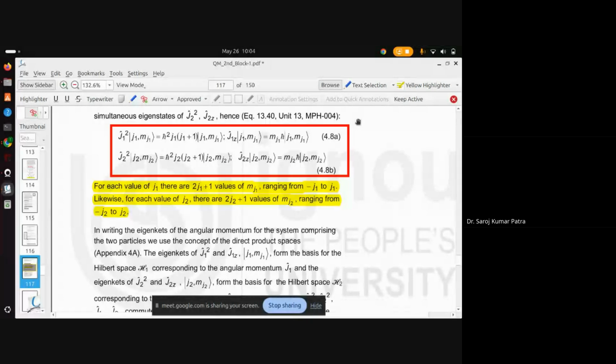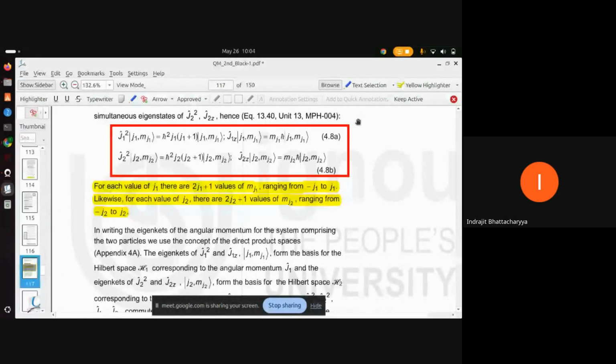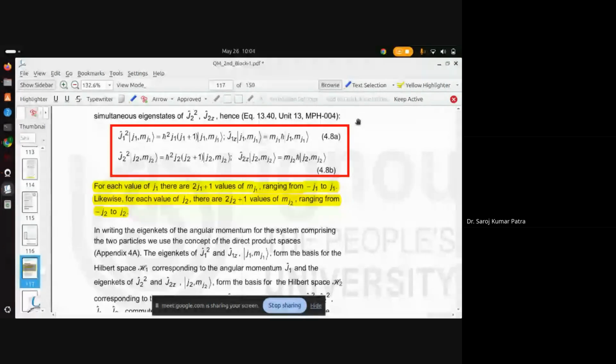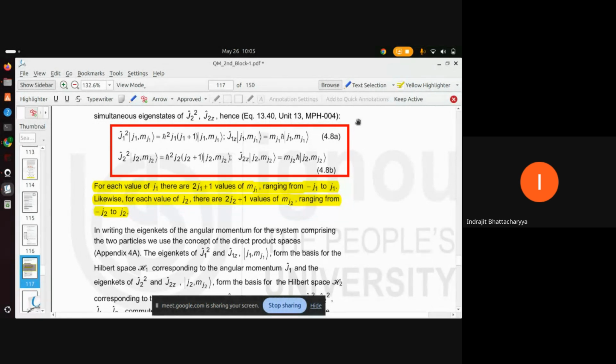So it will not have continuous rotation for all azimuth angles. So the azimuth angles will be quantized. If you take the spherical polar coordinate system, r, theta and phi, this theta, which is the angle it makes with the z axis, will not have continuous values.